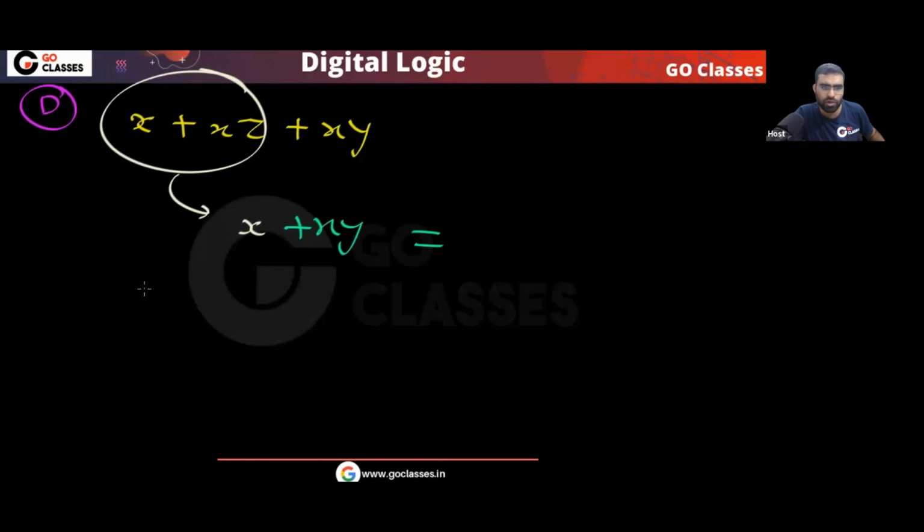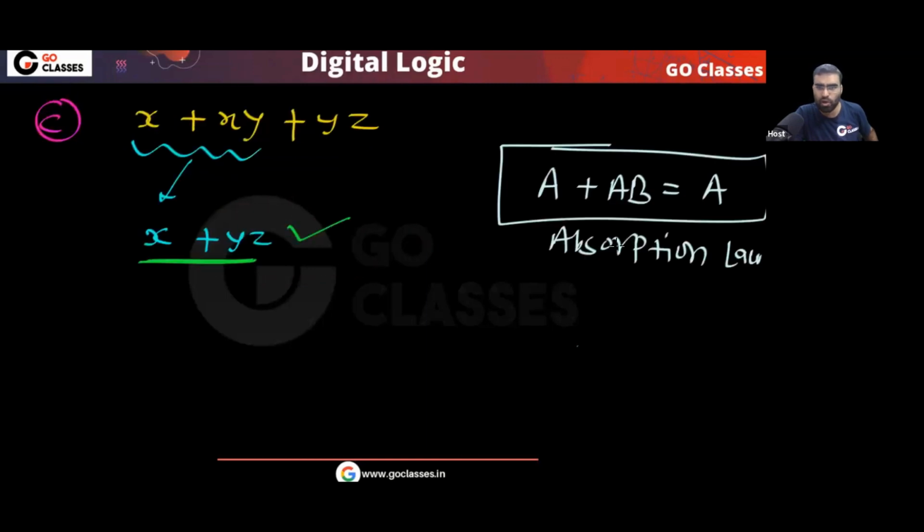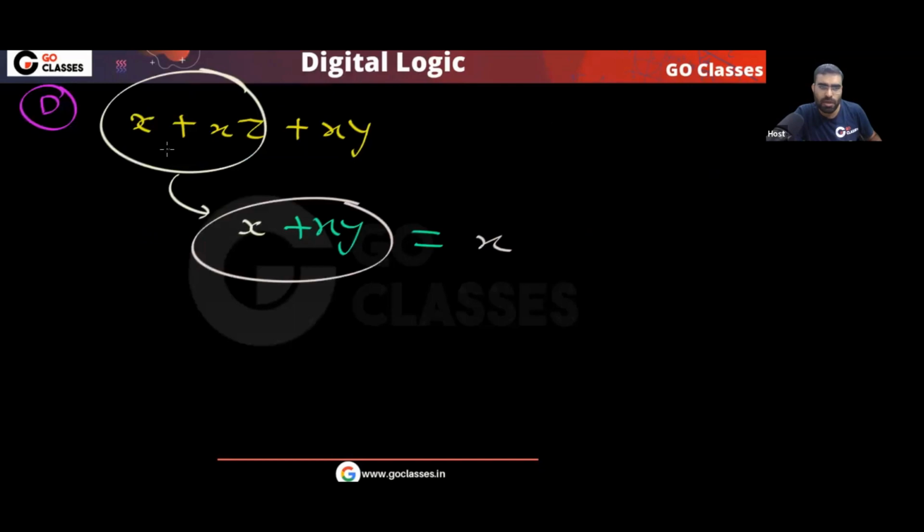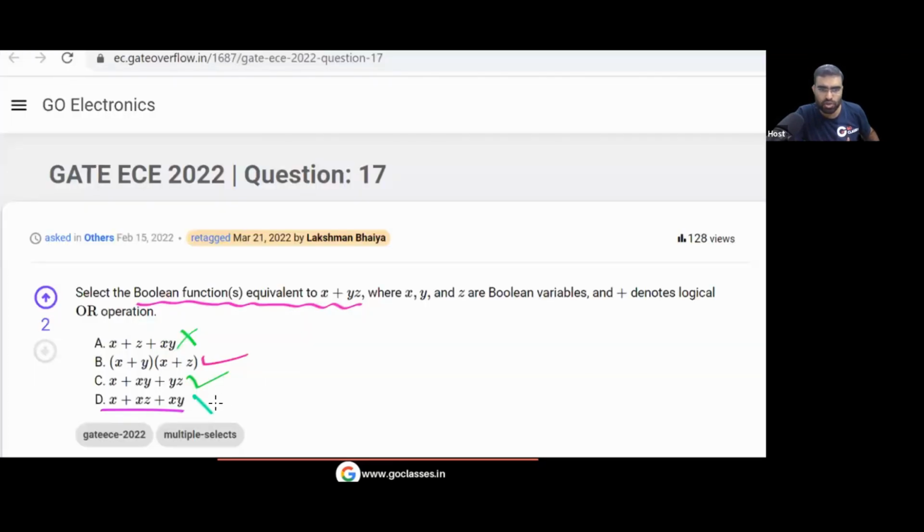Now again you can apply the absorption law, so this will become x. We are applying A + AB equals A. Finally you got x, and this is not equivalent to x + yz. So I can say option D is also not correct.